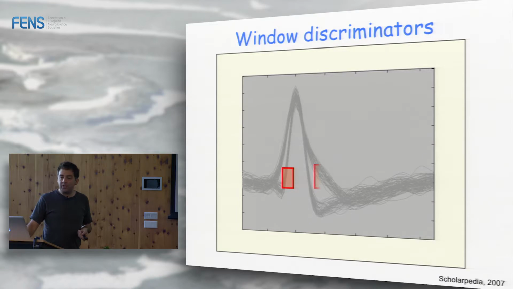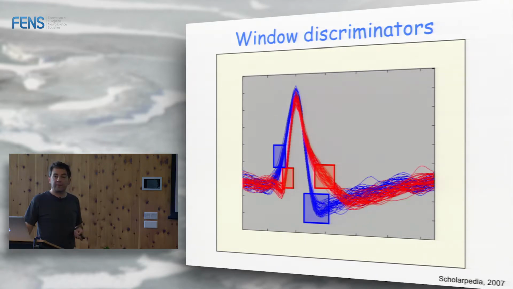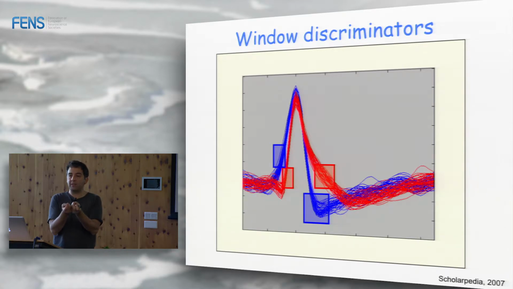What you can do is draw some rectangles by hand, and say whatever spike passes this rectangle and this one will be a certain neuron, and whatever passes this one and this one will be a different neuron. This way, by hand, you can separate the spikes of the different neurons. This is something that people still use a lot, actually.